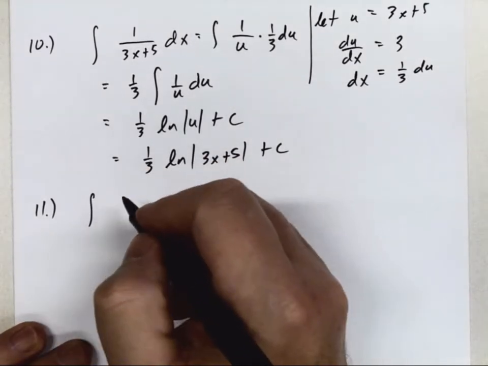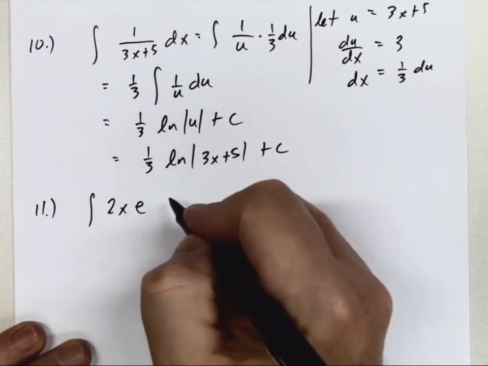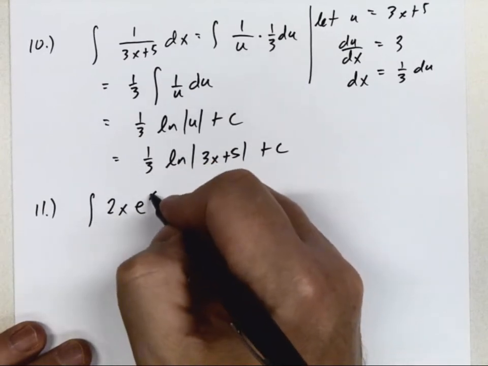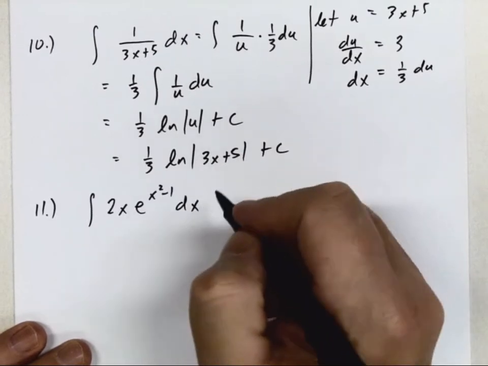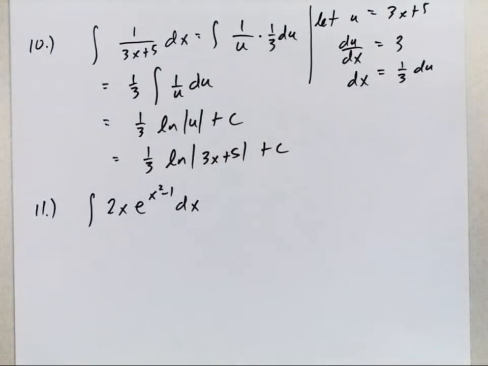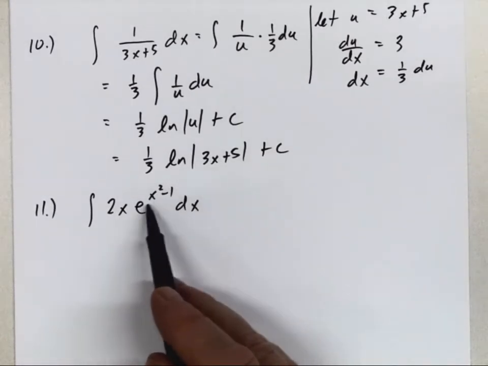So number 11: the integral of 2x e to the x squared minus 1, integrated with respect to x. That's getting a little more complicated. You've got a 2 and an x and then an e to this.